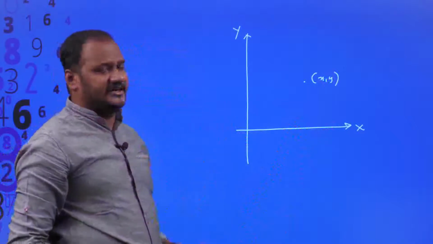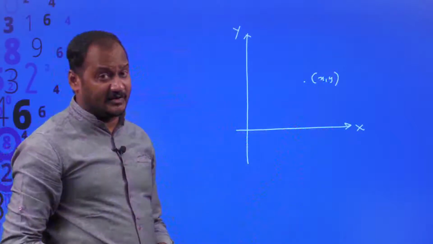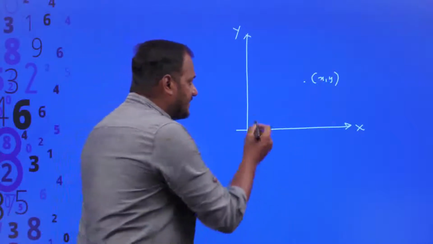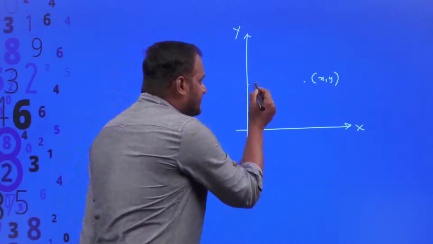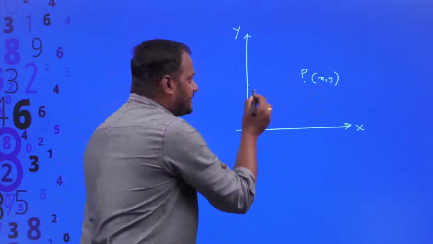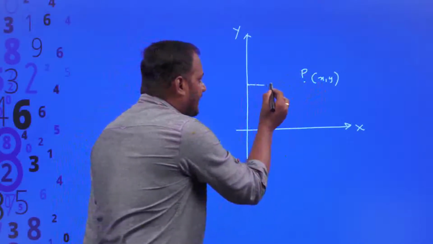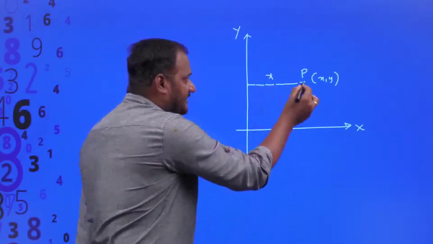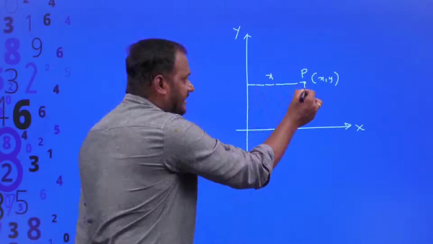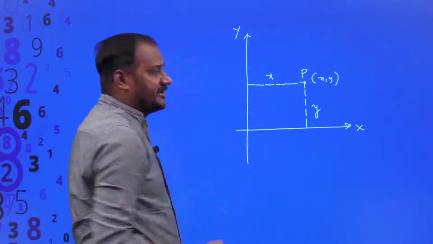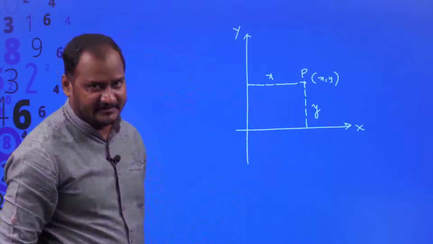So how do you know that the point is x comma y? Because if you observe, for example this point is P, the distance of that point from the y-axis is x, and the distance of that point from the x-axis is y, then only that point is considered as x comma y, right?